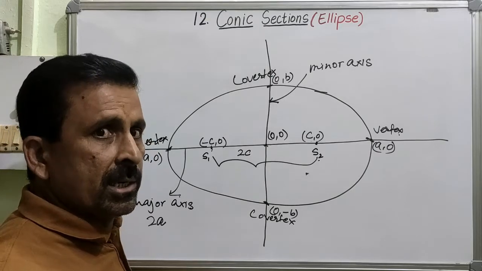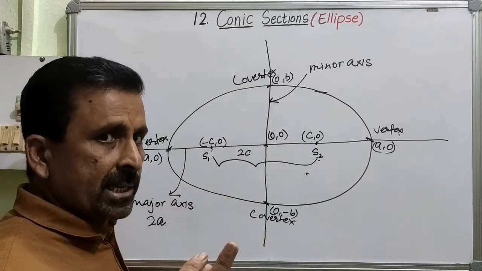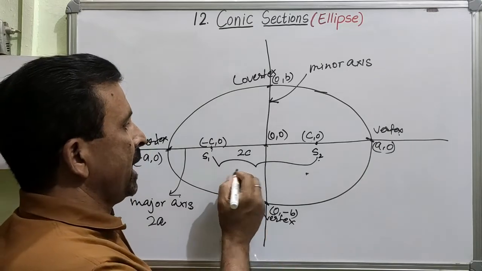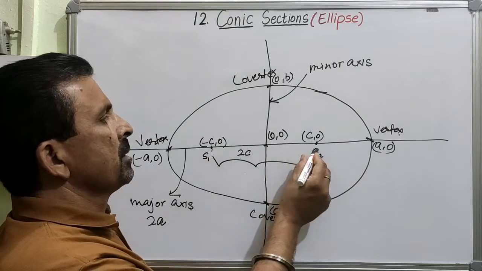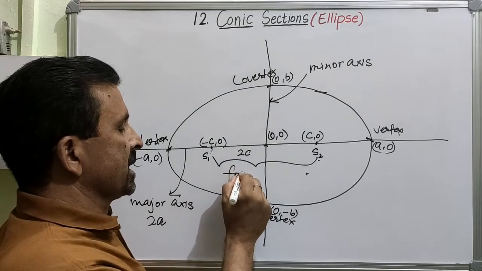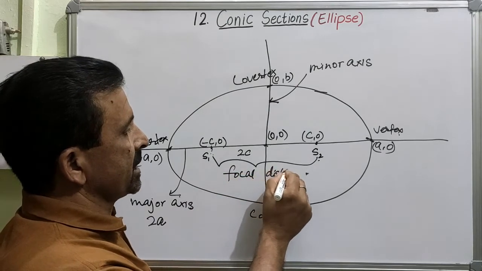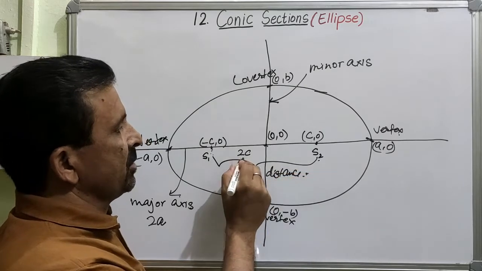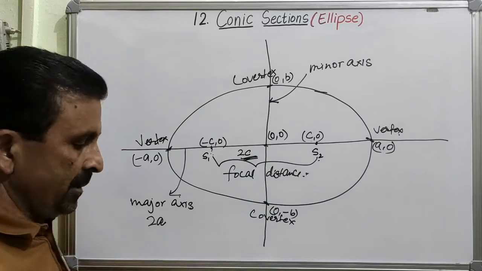If you look into the dictionary, the plural of focus is foci. The distance between the two foci is called the focal distance, and it is denoted as 2c. Focal distance is equal to 2c.